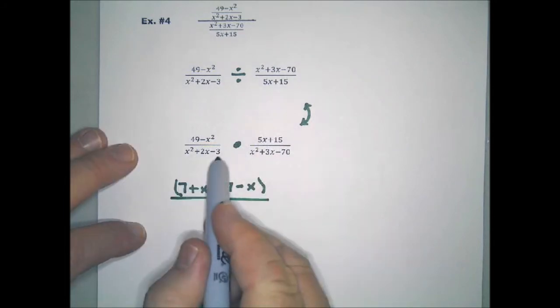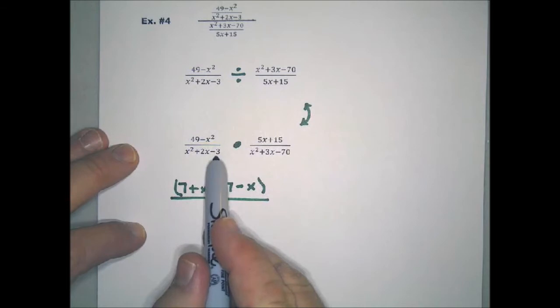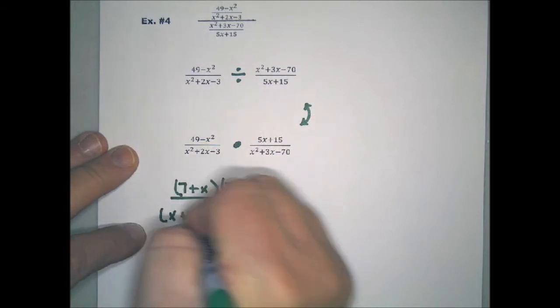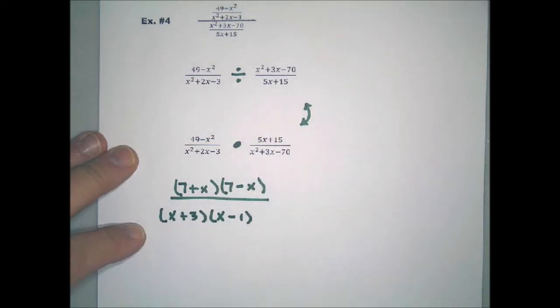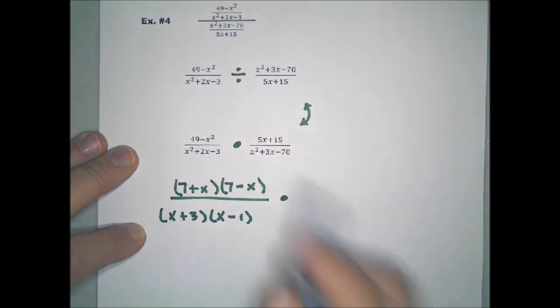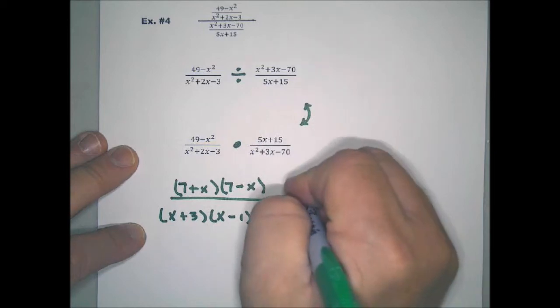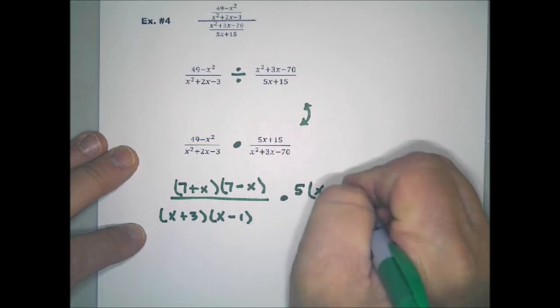X squared plus 2x minus 3, a regular trinomial, factors of -3 that add up to +2 are x plus 3 and x minus 1. Multiplied by the numerator up here, greatest common factor. I'm going to factor out a 5, and I'm going to be left with x plus 3.